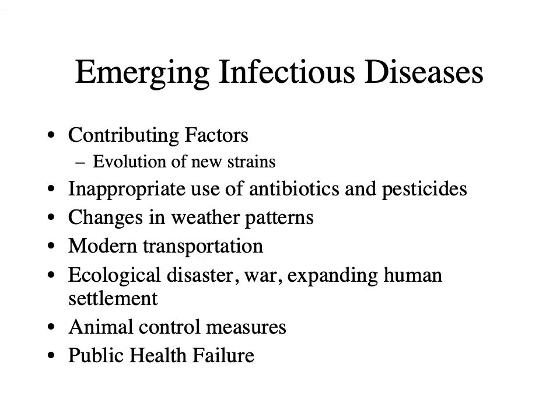Don't be surprised if we start to see dengue and yellow fever make a comeback in the United States. Modern transportation, I think, is a big key for how things can move. Ecological disaster: we're making it hard for these animals and plants to survive. And if we're moving into their spaces, we're going to be encountering their diseases for the first time.